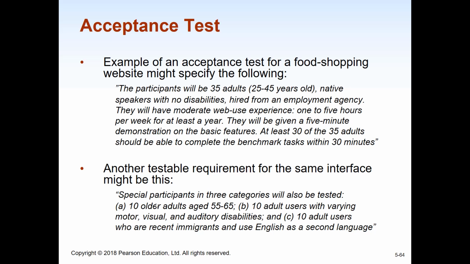Another testable requirement for the same interface might be this. Special participants in 3 categories will also be tested: 10 older adults aged 55 to 65, another group of 10 adult users with varying motor, visual, and auditory disabilities, and 10 adult users who are recent immigrants and use English as a second language.